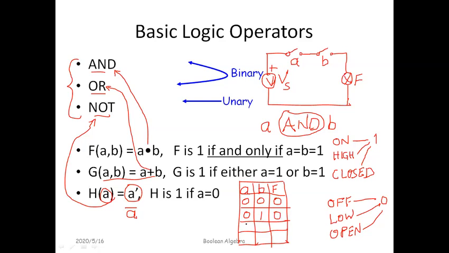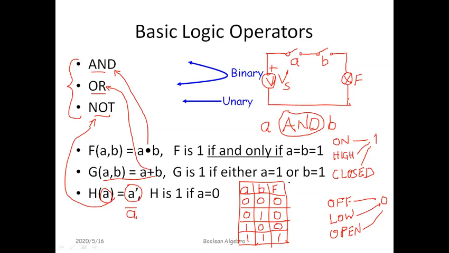Now, if we close the first switch and open the second switch, what do we expect? Still, the lamp will be off, because the circuit is still not complete. But when we close the first switch and also close the second switch, we expect that the lamp will come on. So 0, 0 will give us 0; 0, 1 will give us a 0; 1, 0 will give us a 0; 1, 1 will give us a 1.